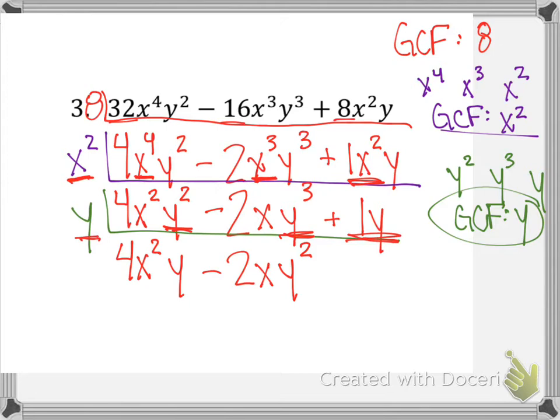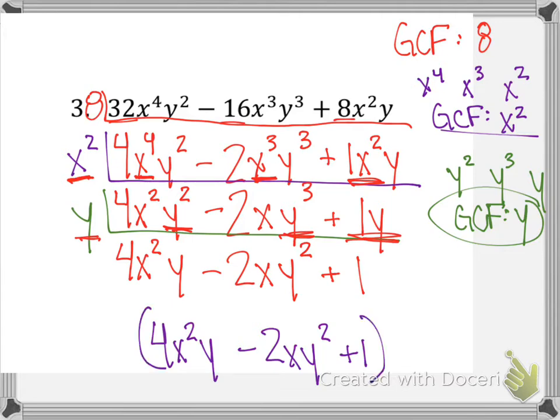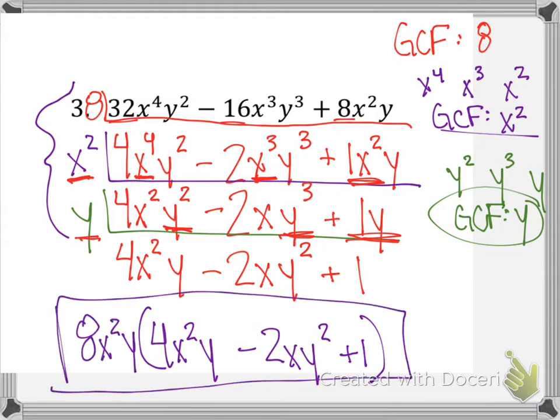And lastly, 1y divided by y, I am left with just plain old 1. So my very final answer at the end of everything, once I've factored it all out, I have all of my simplified form in my parentheses, and everything that I divided out, 8x to the second y, all goes outside of my parentheses. My greatest common factor goes outside.